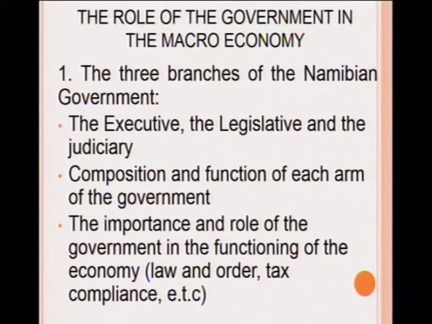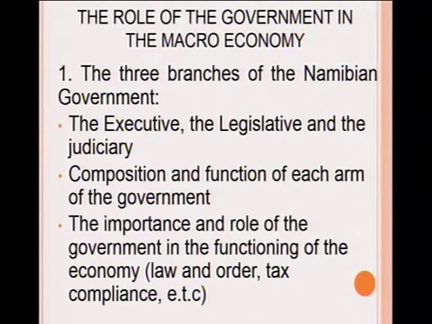Let's move on to the role of the government in the macroeconomy. The government is divided into three branches: the executive, the legislative, and the judiciary. What is important at this point is you need to familiarize yourself with the composition and the function of each arm of the government. Secondly, you need to know the role and importance of the government in the functioning of the economy.